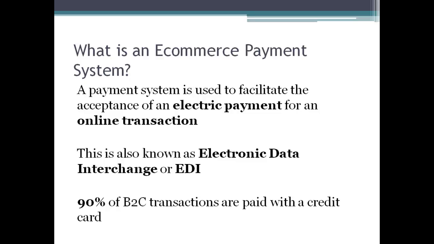So with all these systems that I'll be showing you, ultimately the user's paying with a credit card. There are some systems that have options like bank transfer or wire transfer, but I'm not going to get into that, just because credit card is usually the main method of payment on any e-commerce website.